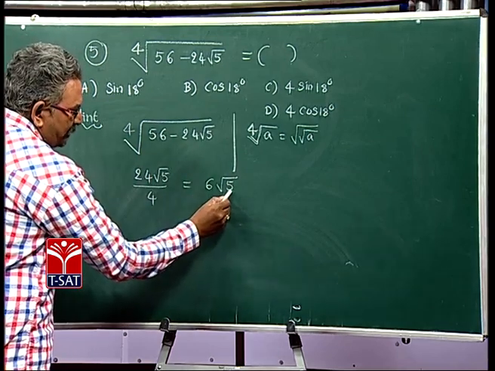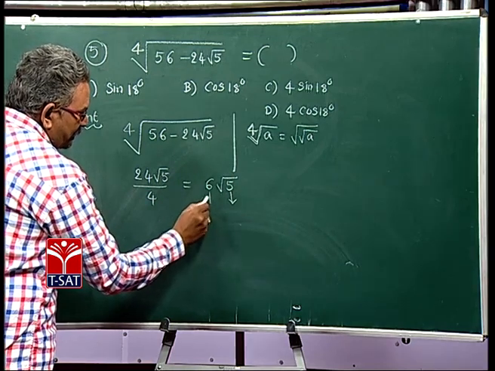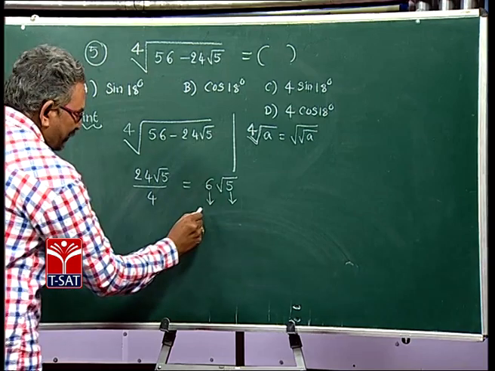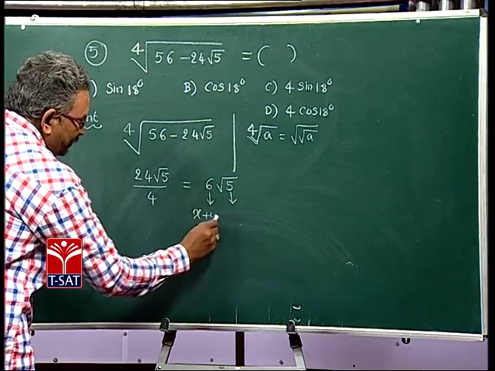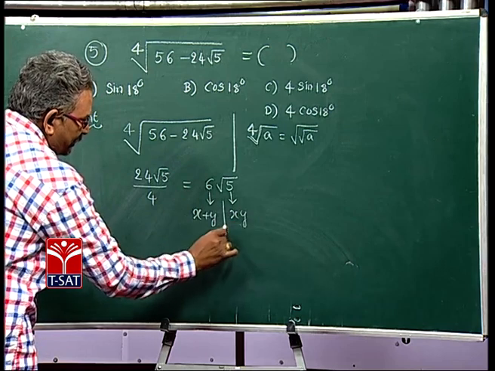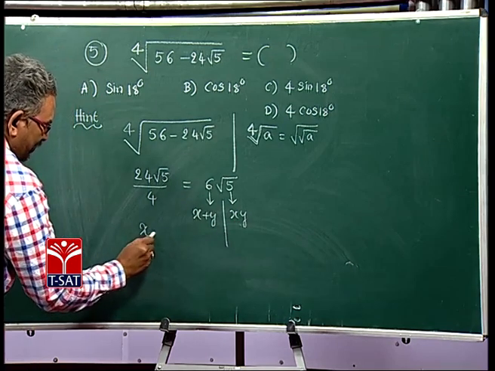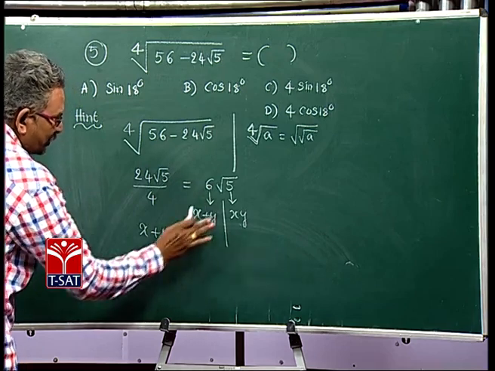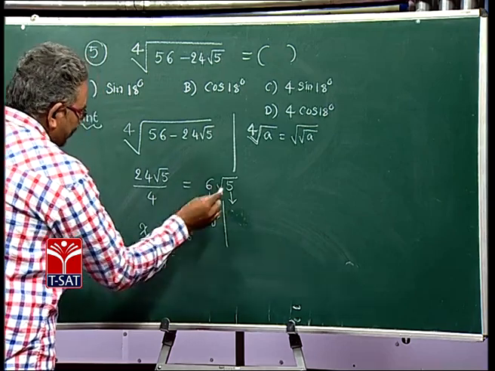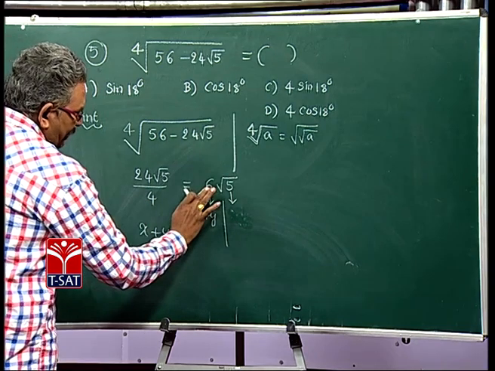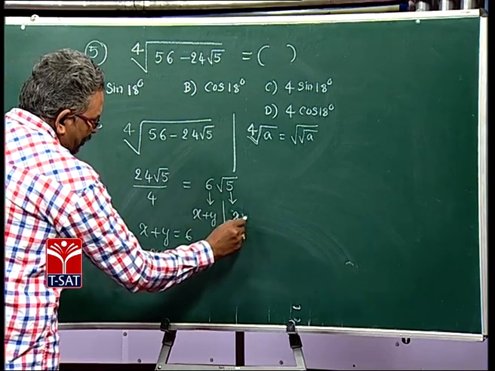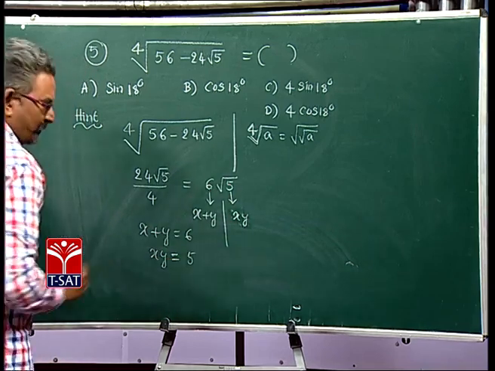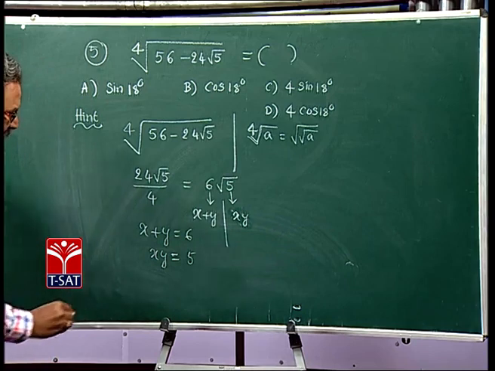Now I will explain the technique here. This 5 must be the product of two numbers, and 6 must be the sum of the two numbers, that's all. So this is x plus y, this is xy. So x plus y is equal to 6, and xy is equal to 5. 5 has only 2 factors.